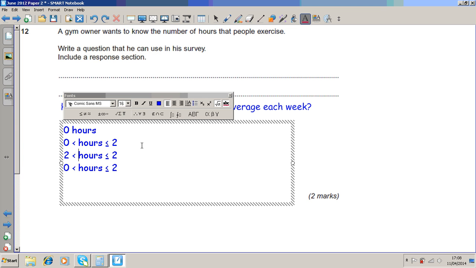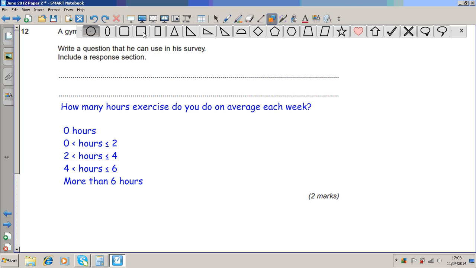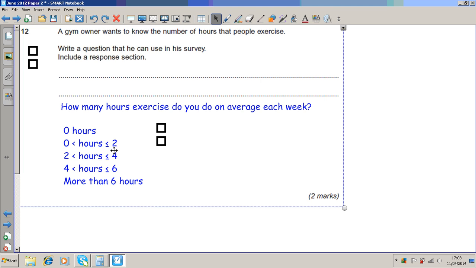We could go 2 hours to 4 hours, we could go 4 hours to 6 hours, or we can say more than 6 hours. There we go. You could do a slightly different one to that, of course you can, but something along those lines. The key to it is writing a good question. I'll give you 1 mark. And the other bit is making sure there's no overlaps on your option blocks, on your response sections.